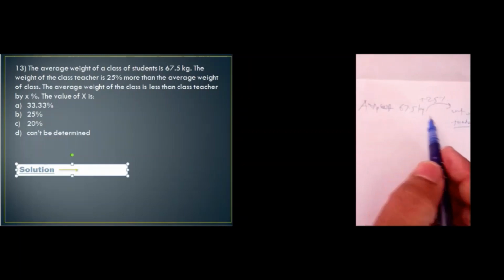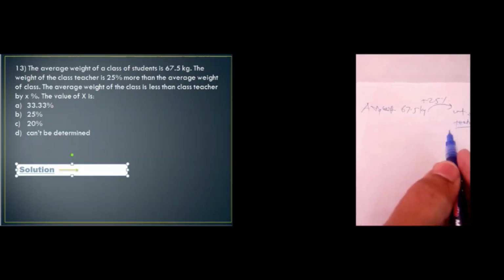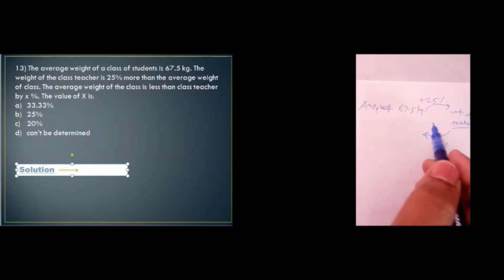So we have been asked, how much percent should be the decrement in the weight of the teacher to get the average weight of the class? Here it is x percent less than the weight of the teacher, and we will get the average weight of the class.